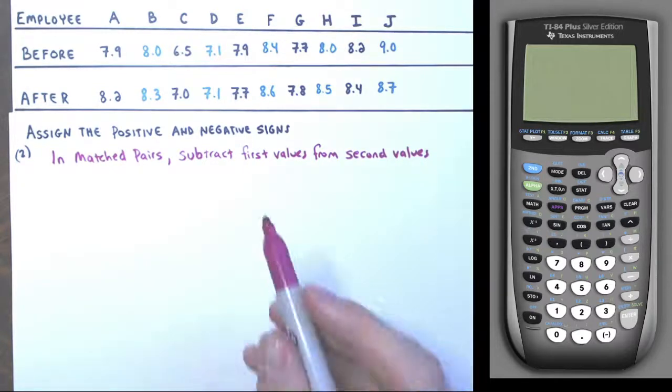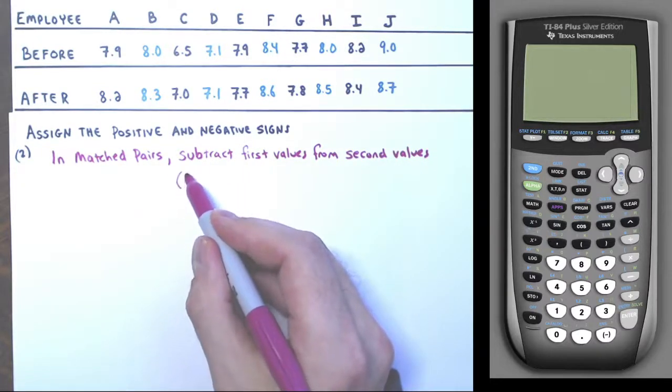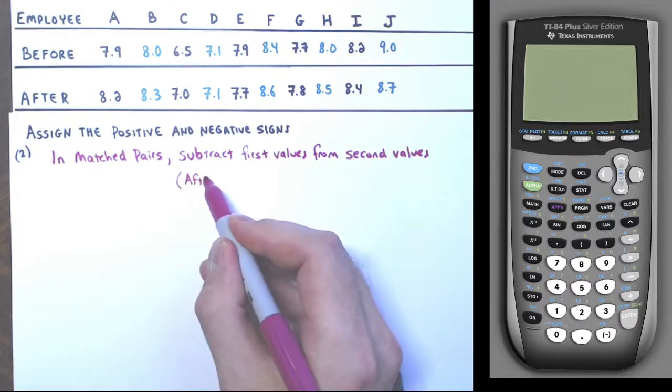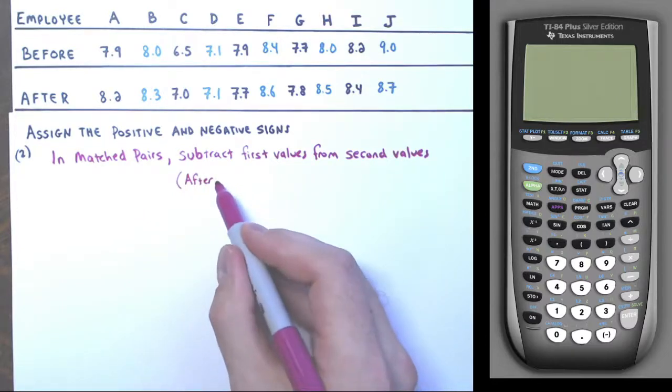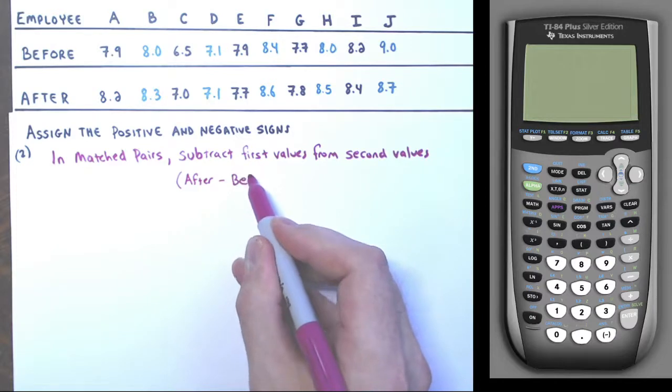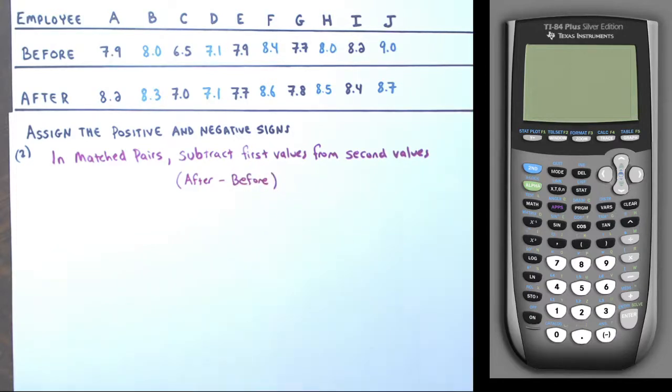In this example, that would be my after ratings minus the before ratings for each employee. And then we're going to assign positives and negatives based on the sign of the result.